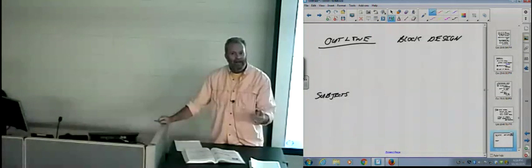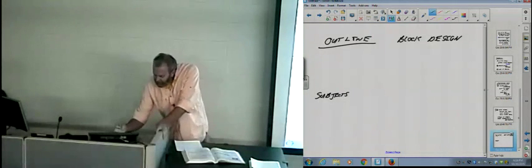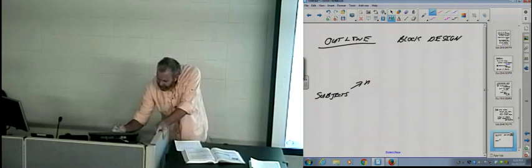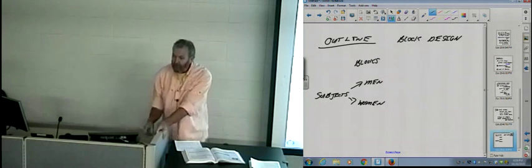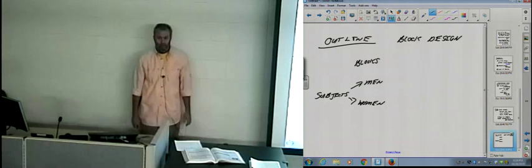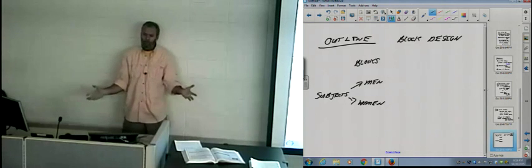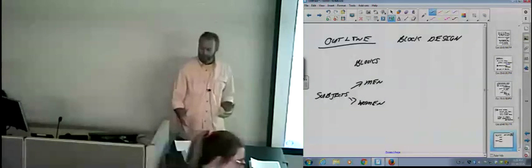So we're going to bring that in, and the first move is, get your men, get your women. There's your blocks. There's nothing random about that. You just divide them up because you knew something up front.